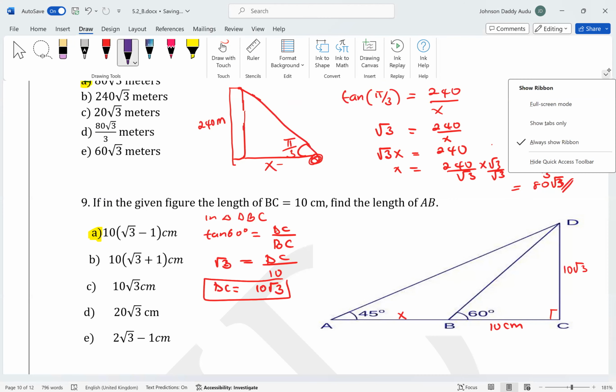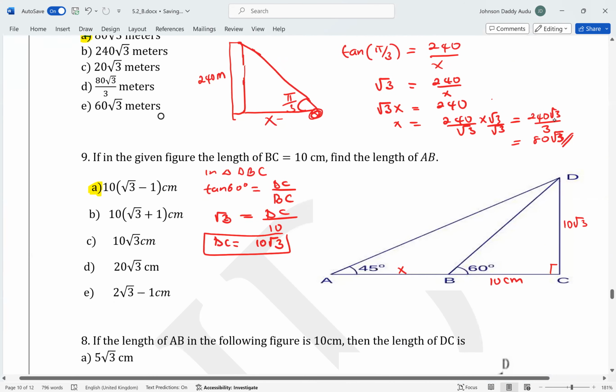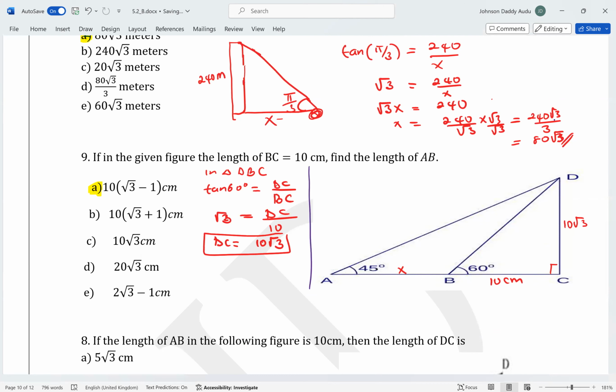We can use the bigger right angle now. So we can now say in triangle DAC, we can also say tan 45 is still going to be DC over, but now it's going to be over AC, right?